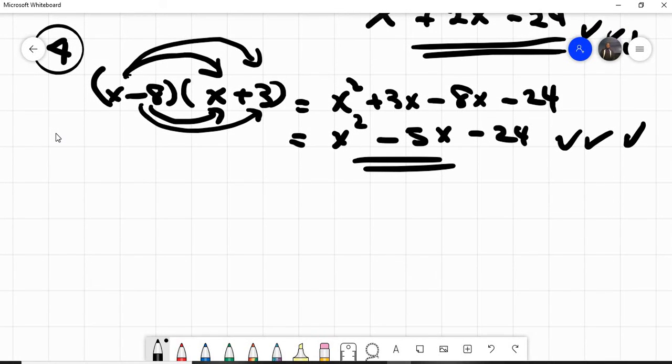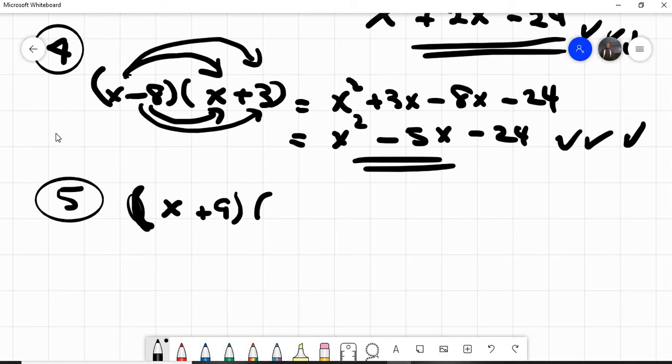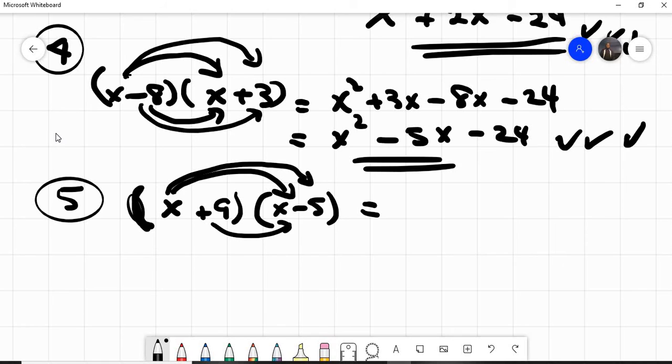Now we're going to do example 5. Example 5 says x plus 9 times x minus 5. What we do is x times x, and then x times negative 5, and then plus 9 times x, plus 9 times negative 5.